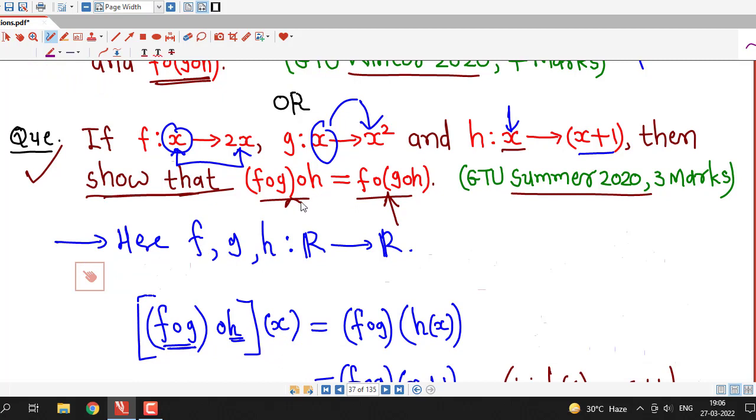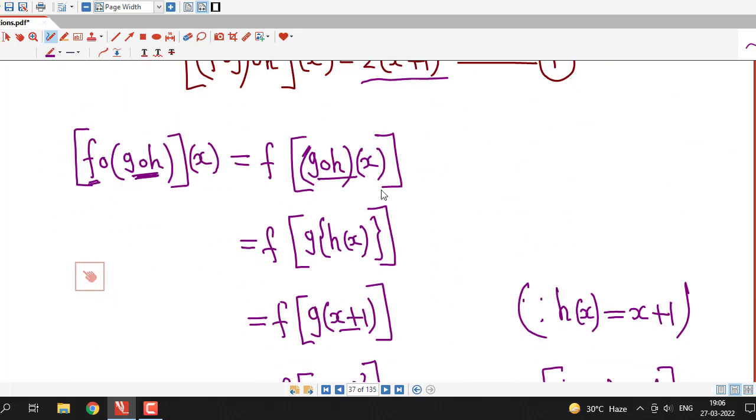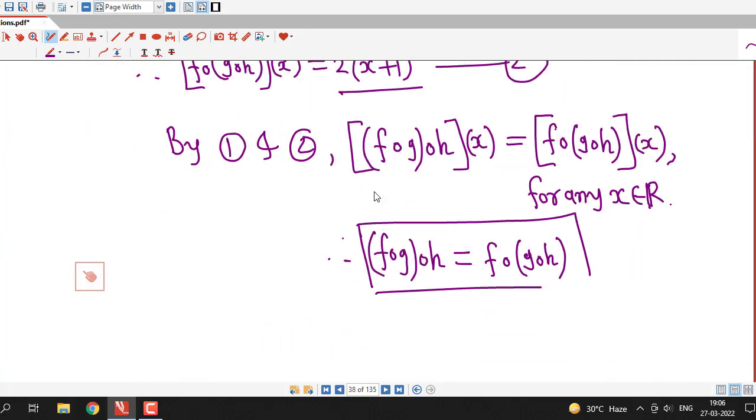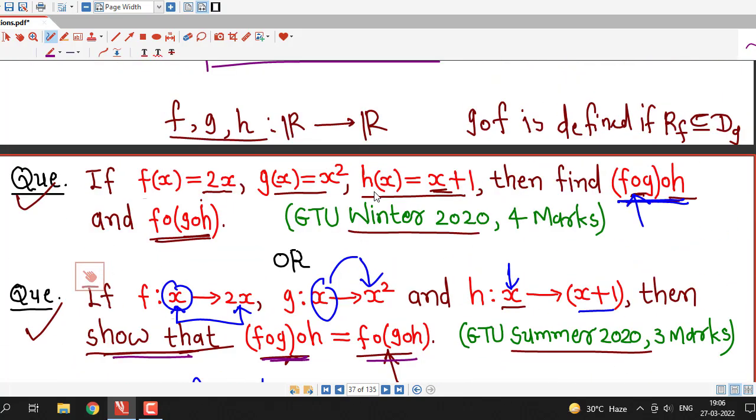And in this problem they have given particular functions and they have asked to check or verify that the associative law holds for this composition operation. So we are just using the definition of composition of two functions, and we are able to find out these two different compositions. So this is all about this session.